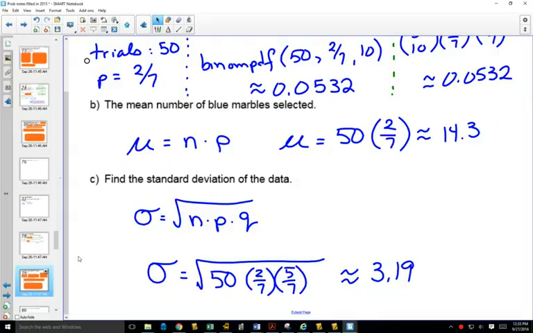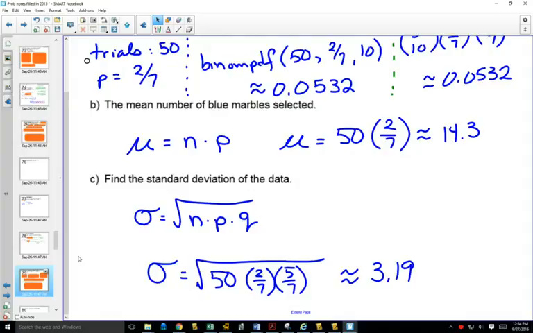You would expect statistically that about 68%, if everybody did this experiment in this class, and you drew marbles out of the bag 50 times, and we looked at the results, not everybody would get 14. Some people would get 13. Some people might get 18. If you looked at those results, what the standard deviation is telling us is that we could expect about 68% of this class would probably get somewhere between 11 and 17.